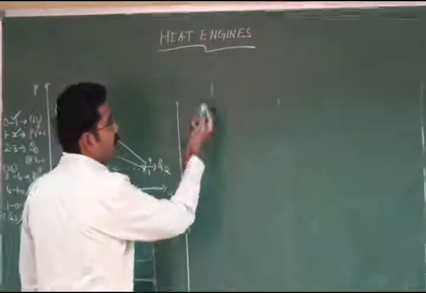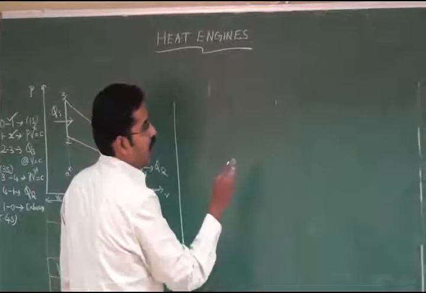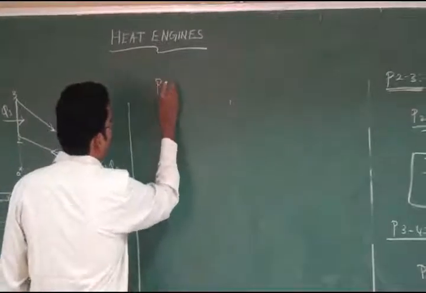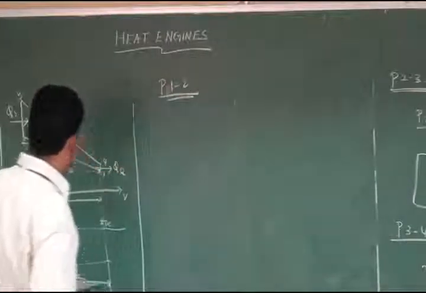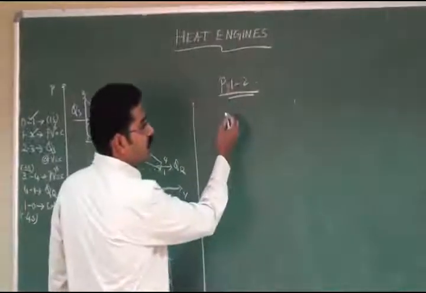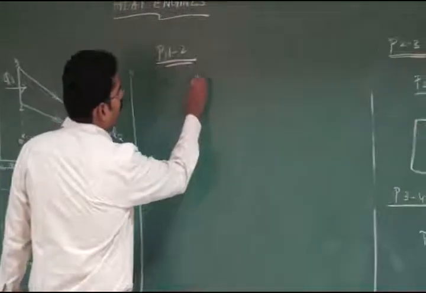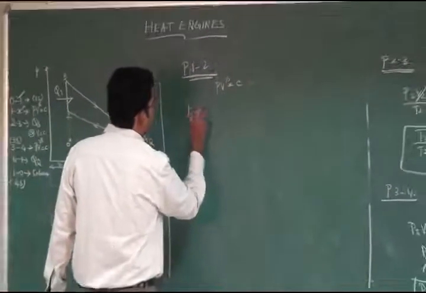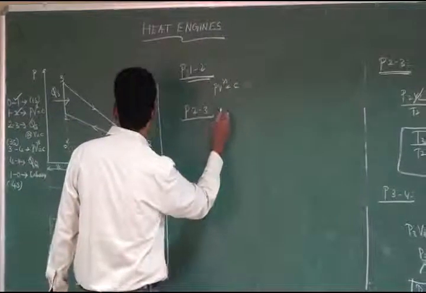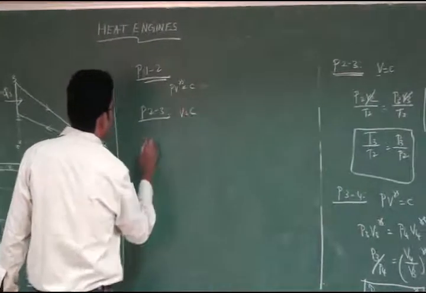Now we are going to apply thermodynamic relations. What is process 1 to 2? The relation for process 1 to 2 is PV to the power gamma is equal to C. The relation for process 2 to 3 will be a constant volume process.